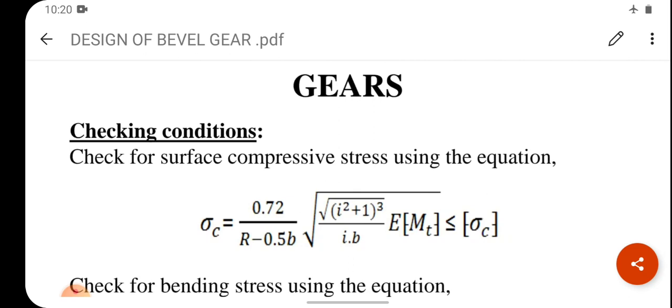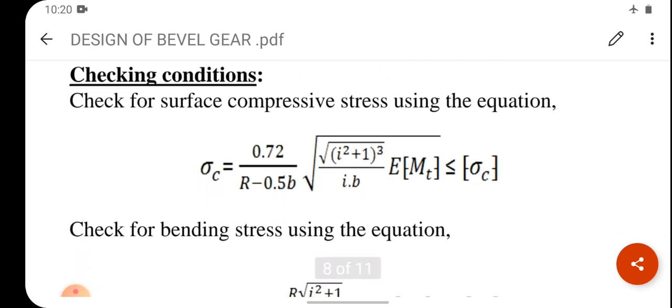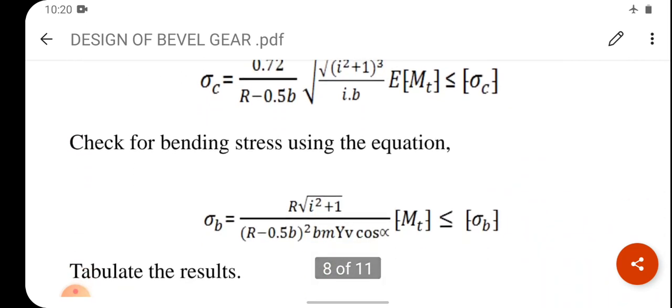Check for bending stress in the next step using the equation, that is sigma b value can be calculated with the help of this formula, that is R under root (i square plus 1) upon (R minus 0.5 b) whole square, b is the face width, m is the module, Yv and cos alpha into Mt less than or equal to sigma b in the square bracket.